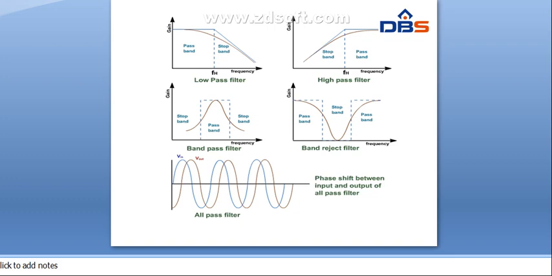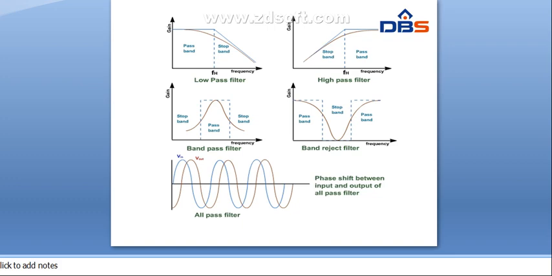So these characteristics are exactly opposite of the band pass filter characteristics. Band stop filter characteristics are opposite to the characteristics of the band pass filter.